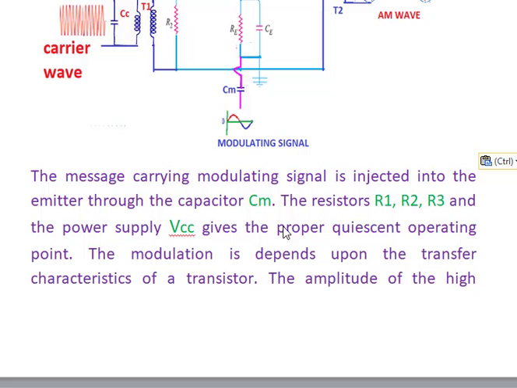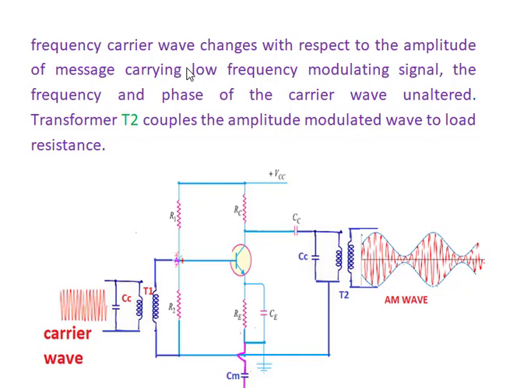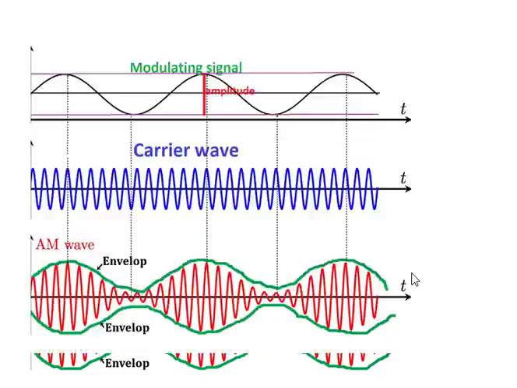The amplitude of the carrier wave changes with respect to the amplitude of the message carrying low frequency modulating signal, but the frequency and phase of the carrier are unaltered. So the output amplitude modulated wave is available here. So it is a simple procedure.